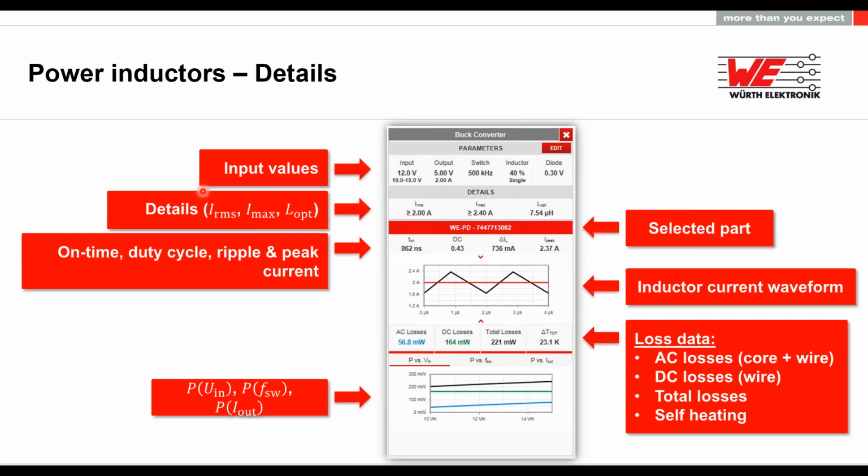This means you have all the input parameters which you have entered, and then some details about the IRMS current of the inductor and the maximum current which takes the ripple current into account, and the optimum value of the inductance the tool is recommending. Of course, when you say 7.54 microhenry, you would have to go for a ballpark figure, so you would have to go for, let's say, 10 or 20% closer to this value. This is also possible.